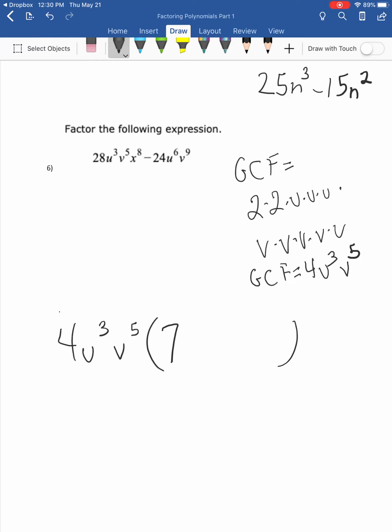We need that x to the 8th, so we need to add that x to the 8th into the first term. Okay, for the second term, 4 to negative 24, we need a negative 6. U cubed to u to the 6th, we need a u cubed. V to the 5th to v to the 9th, we need a v to the 4th.